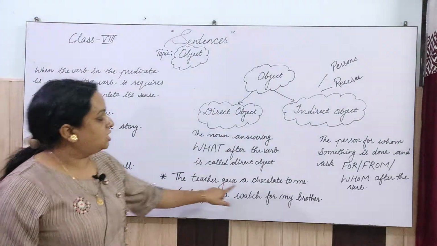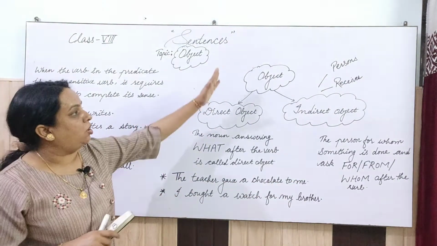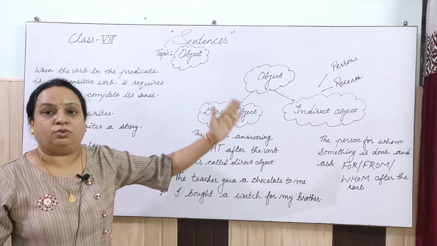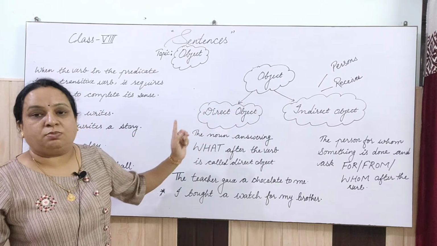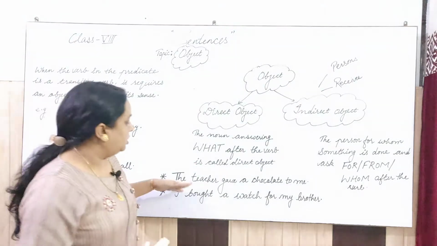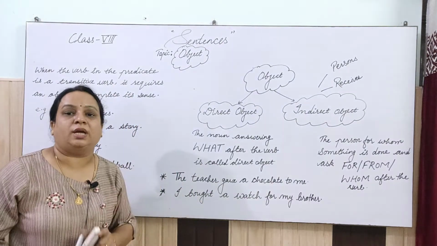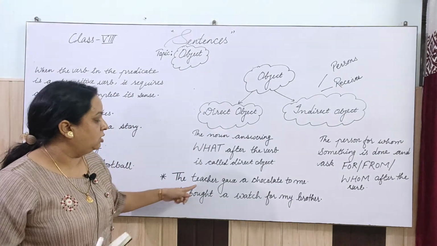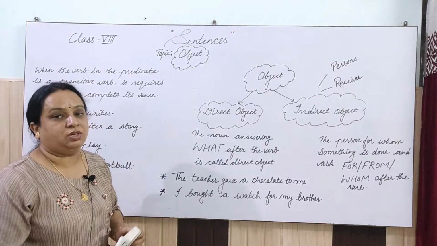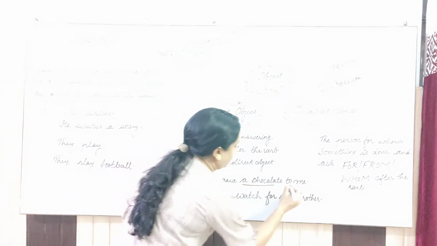The teacher gave a chocolate to me. Okay, I've told you where the object is: just after the verb. You cannot get the object before the verb, clear? So, the teacher gave a chocolate to me. The very first task is to find the verb. Which is the verb here? The teacher gave. Gave is the verb. Now what is after that? A chocolate and me.